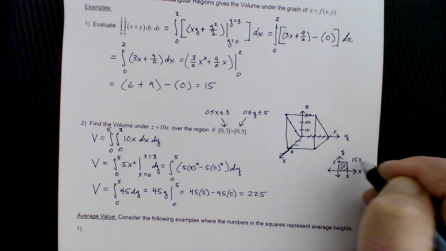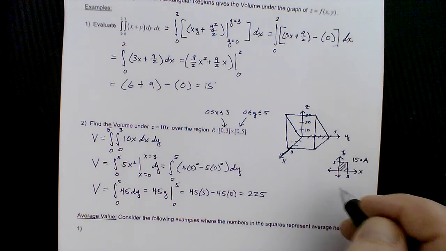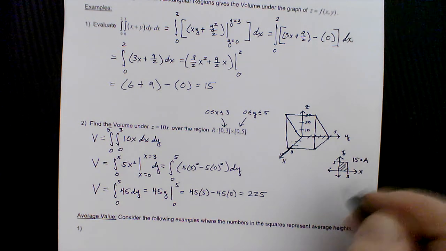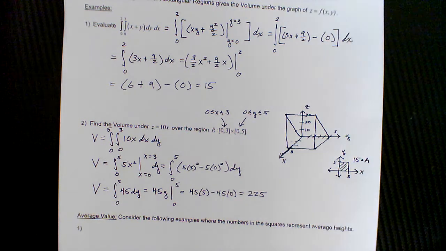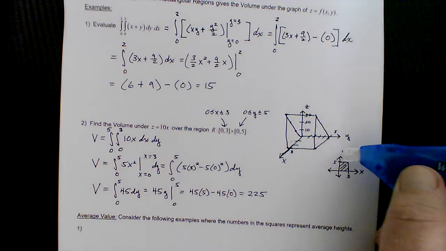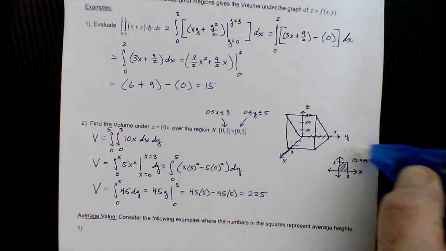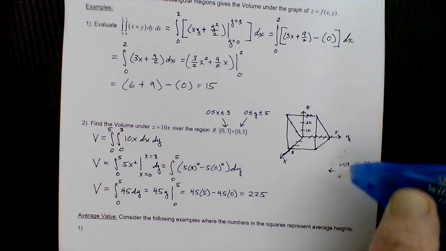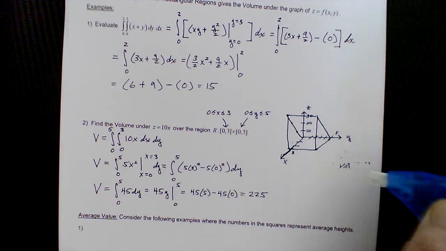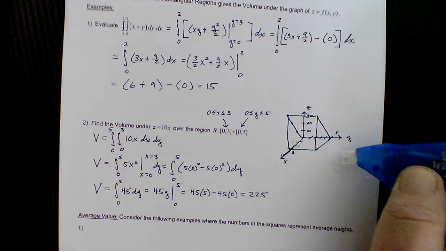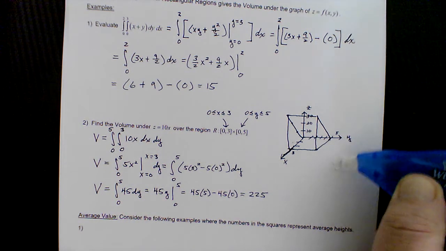So the area there is 15. And the triangle, actually I should have done it this way. I should have thought of looking at the triangular region. Let me get rid of that because that's not going to help in my geometric discussion of this volume.